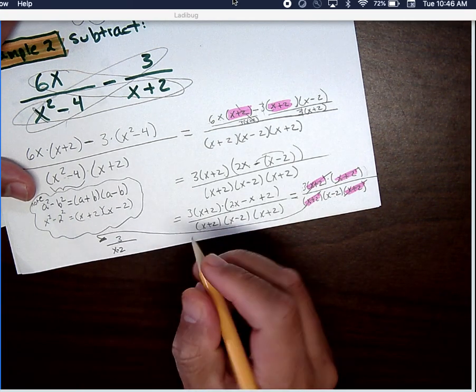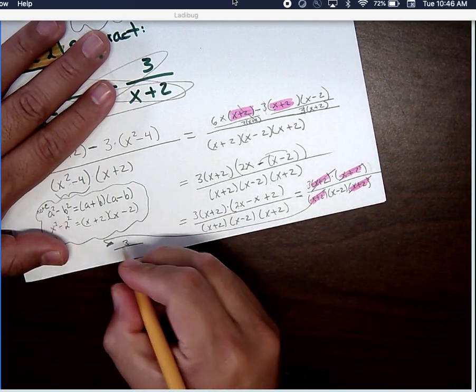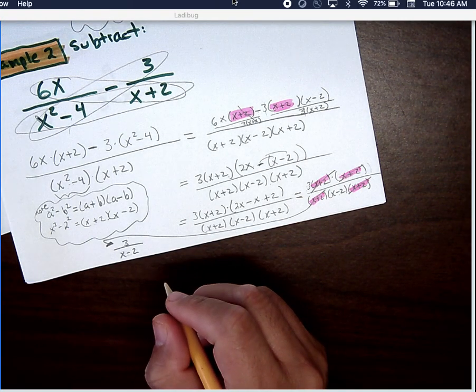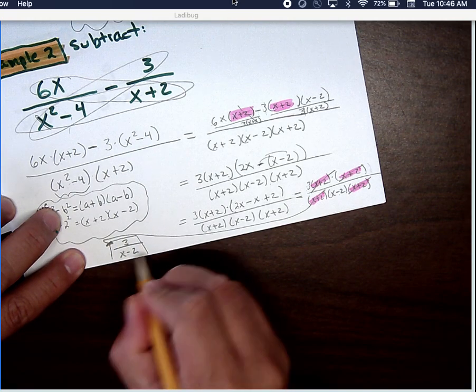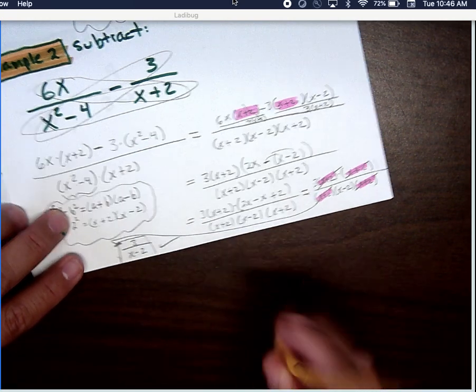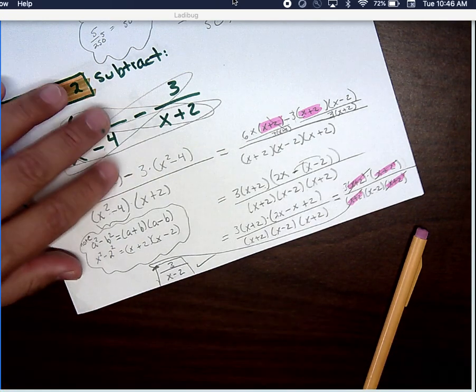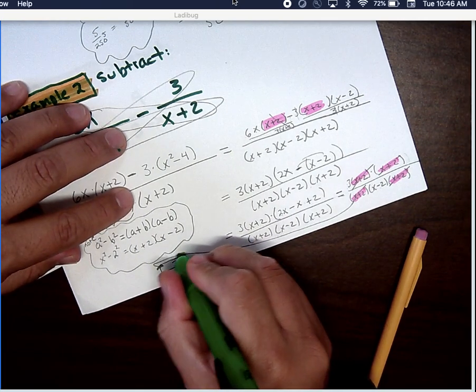Sorry, that was ugly. Let me see if that's what they got. Yes, that's what they got in the book. So that's the answer, guys. Let me highlight it. Great one.